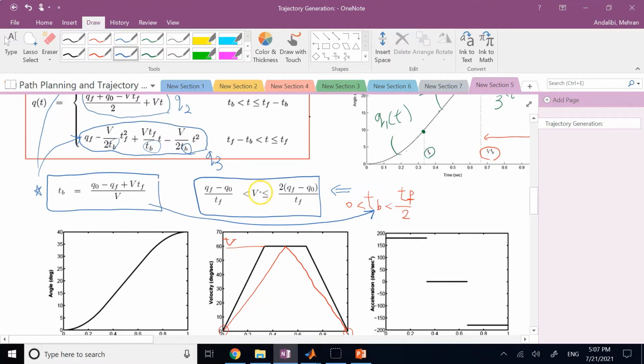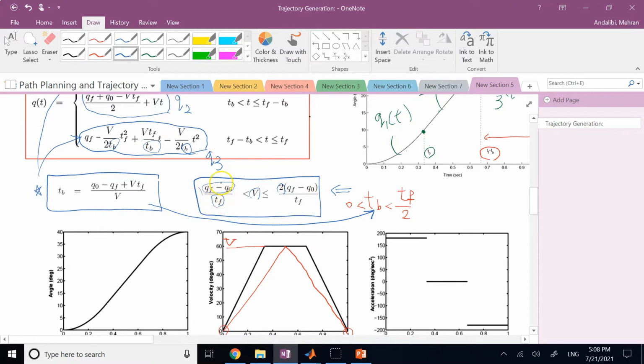That your V cannot be anything that you desire. Your V has to be bigger than the delta Q, Q final minus Q initial, divided by T final, and less than or equal to 2 times that quantity. So this delta Q over delta T, 1 times that and 2 times that, anywhere between 1 and 2 should be your V. It cannot be 3 times that or 0.5 times that.